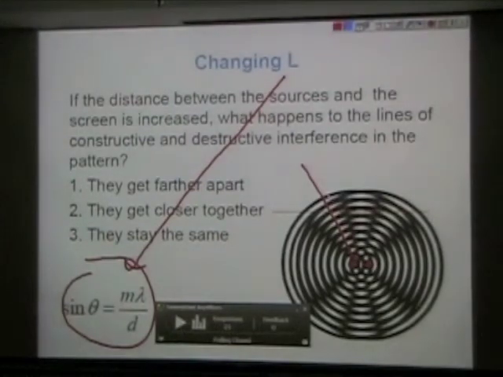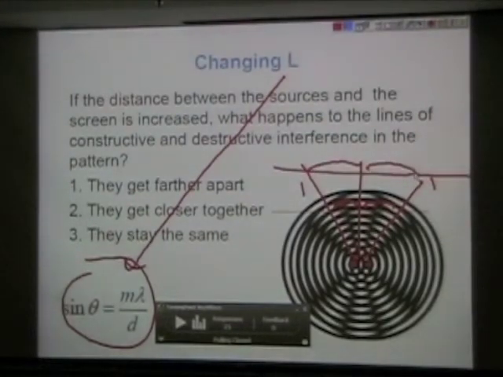Let's say this is the central maximum, that's the first maximum, this is another first maximum, and this is the distance between maxima. And if you move the screen away, the distance between the maxima gets larger. So again, they get farther apart.